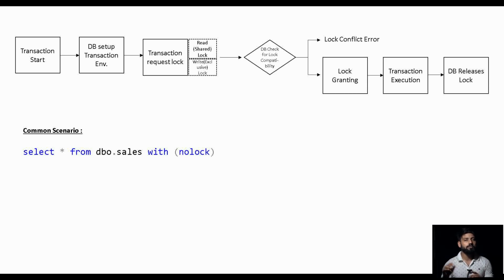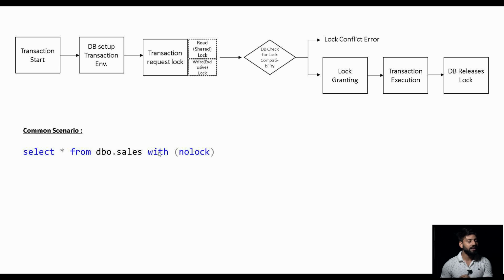That means his response will be delayed until that modification is complete. To bypass this scenario, user 2 should also be able to see the data as it is right now in the DB.